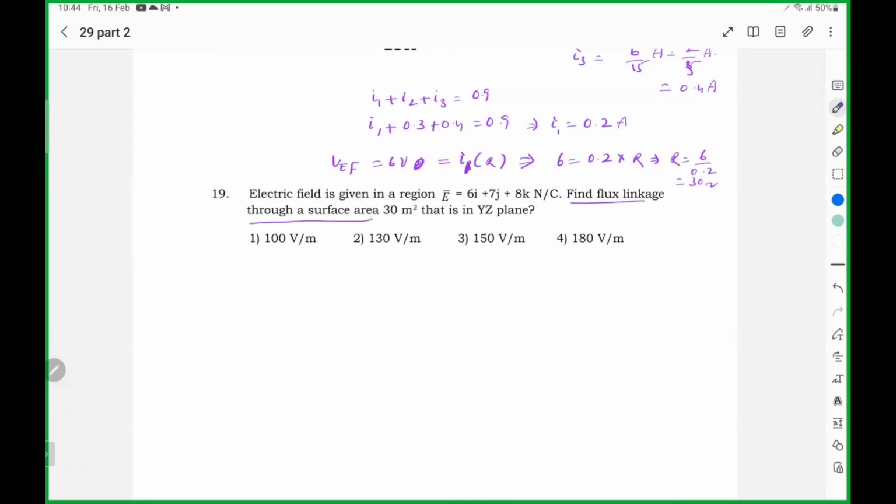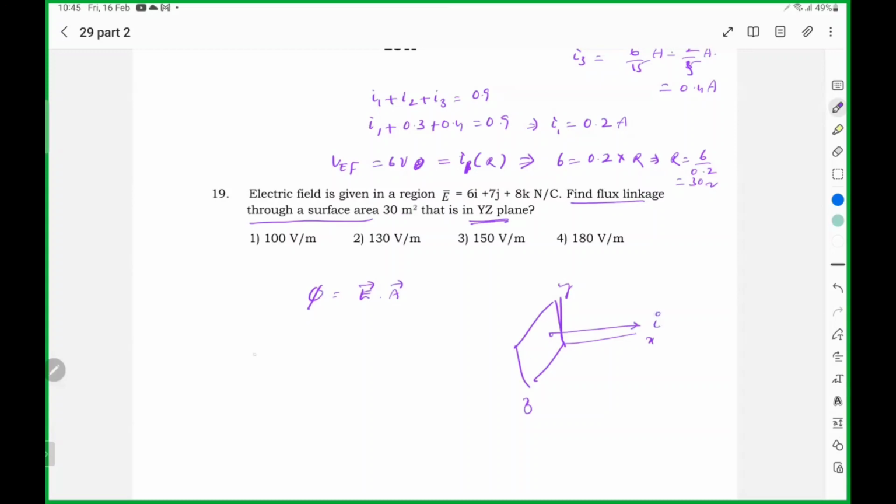Flux linked through surface area, formula E dot A. So the area vector, you said through the YZ plane. For the YZ plane, perpendicular will be along x-axis.